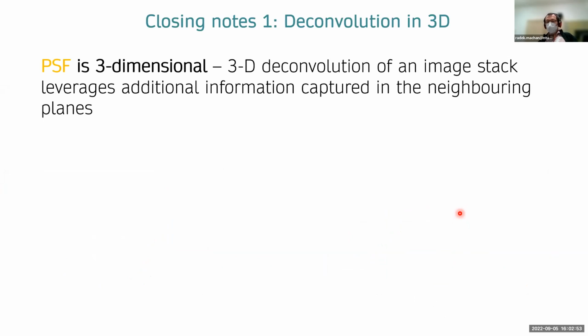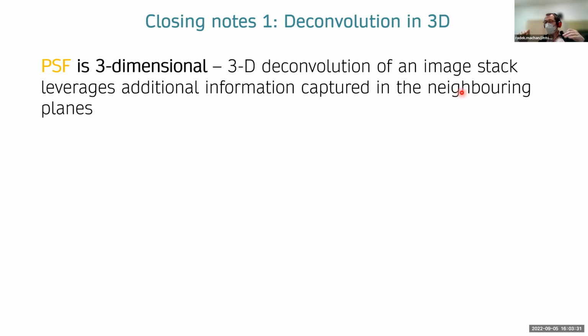And now some closing remarks. What I showed here was all just the 2-dimensional case, but in reality, a point spread function is 3-dimensional. So you can do 3D deconvolution, and that is even better because we involve more information. We use the 3D shape of the point spread function, which contains more information than just a 2D section of it, and we also leverage the information in the neighboring planes.